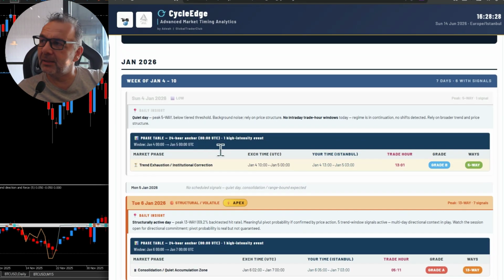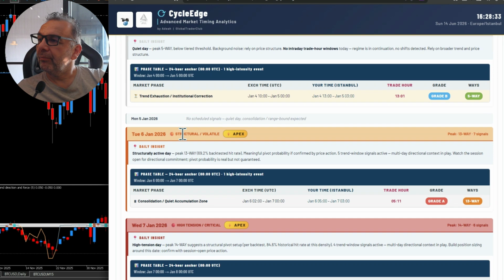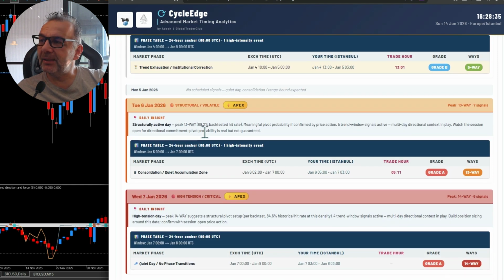Let's read the insight. We don't want to be just mucking around with it. Peak 13 way, 69.2 back tested hit rate. It's not bad. Meaningful pivot probability if confirmed by price action. 5 trend window signals active.